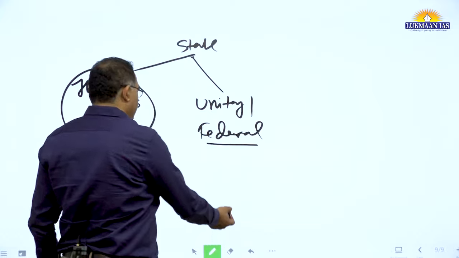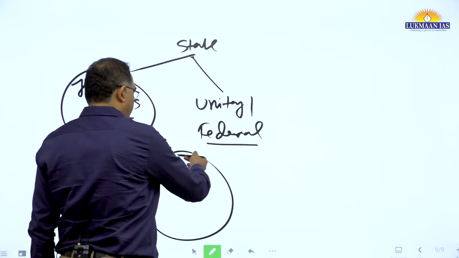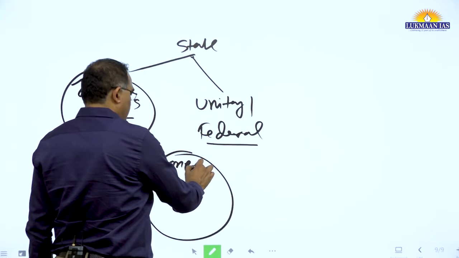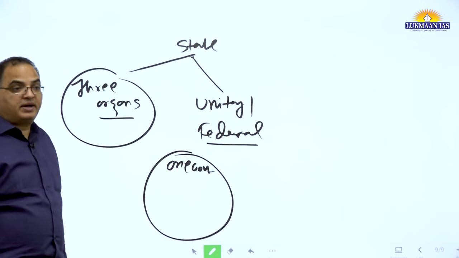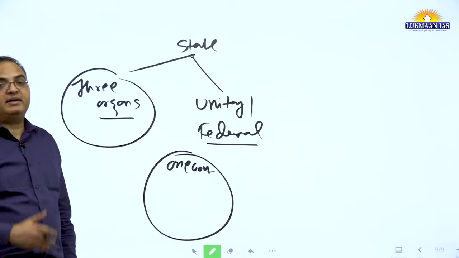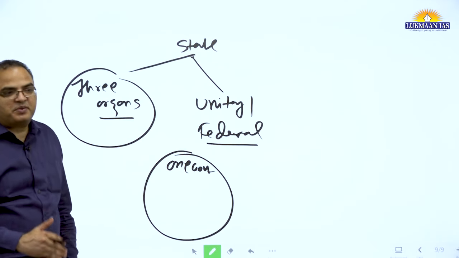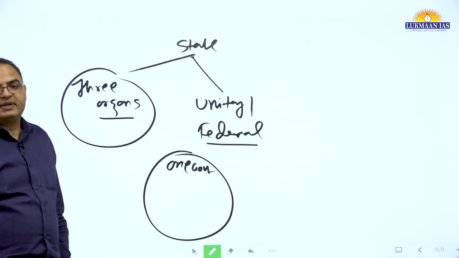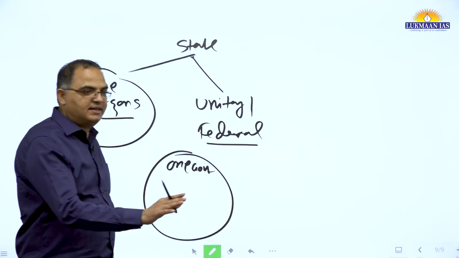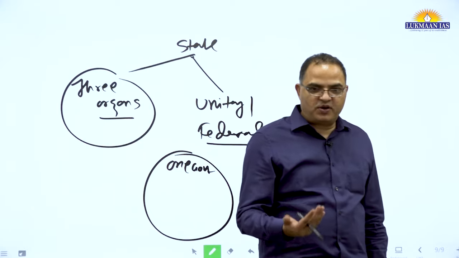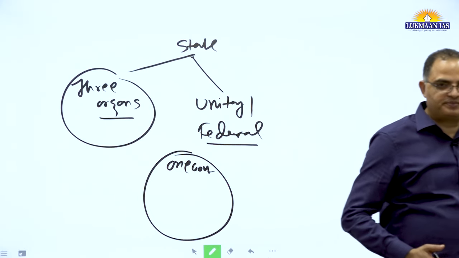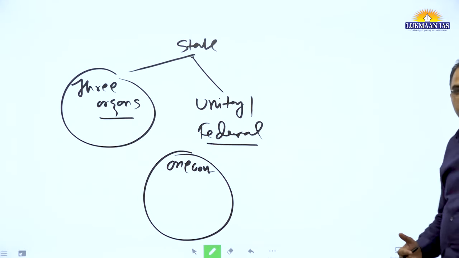Unitary means there is one center and all people are governed by one government. But federal means people are governed by multiple units of government. Like we have union, states and local governments. But UK does not have that kind of system, which we'll talk about later.